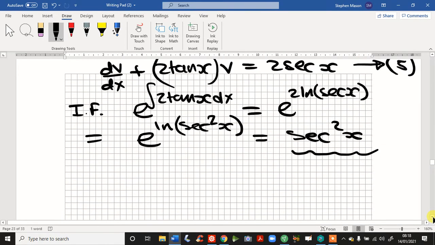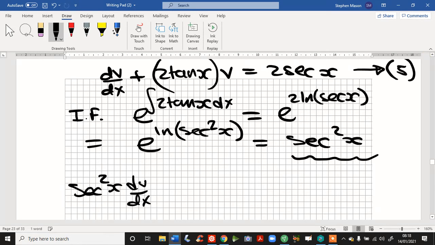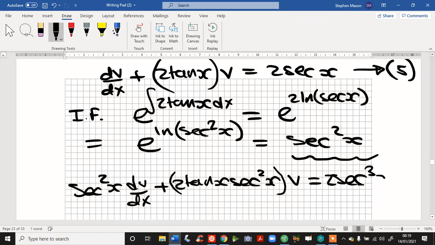If we do that, we get sec squared x dv/dx plus 2 tan x sec squared x, in brackets, times v equals 2 sec cubed x.